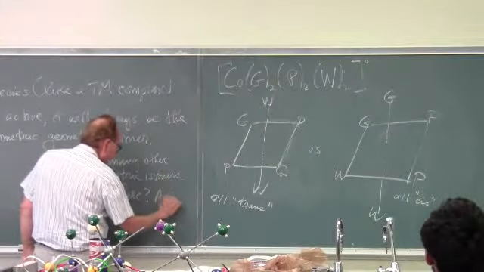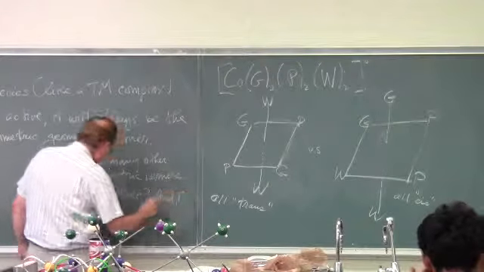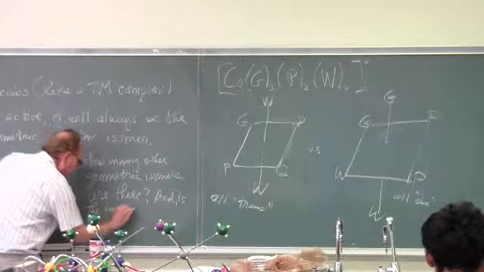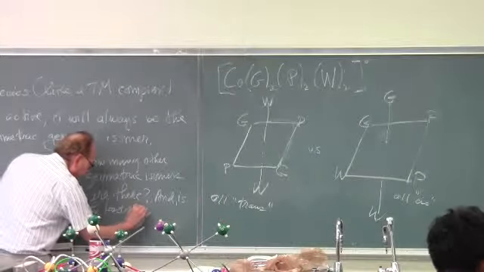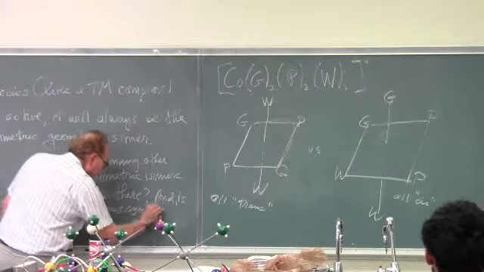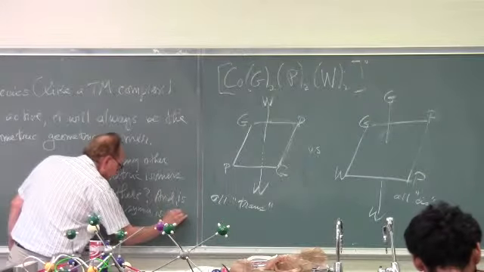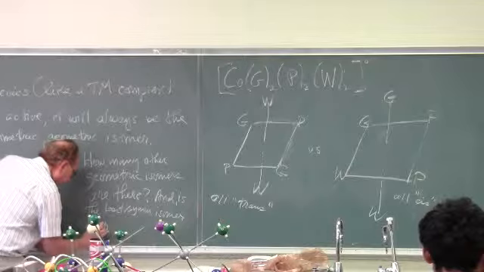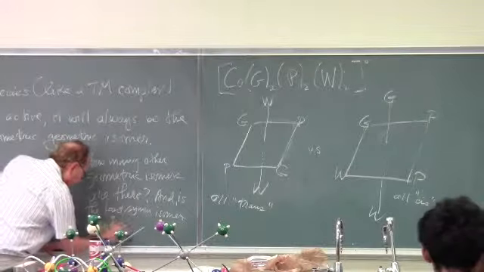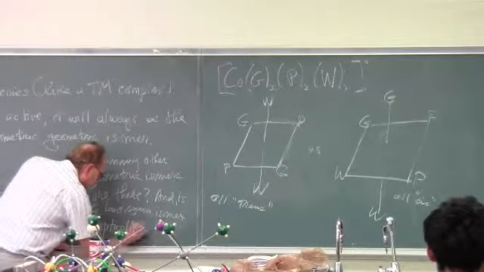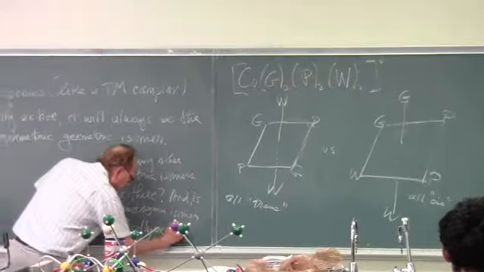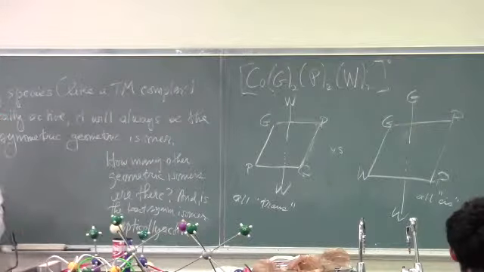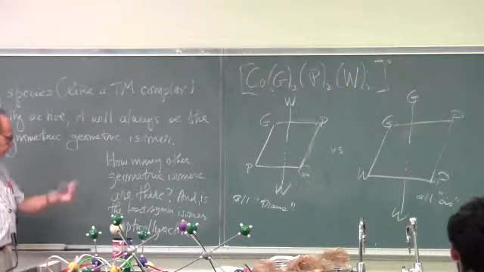And is the least symmetric isomer optically active? And we've already recognized the least symmetric isomer to be this all cis thing. First question. How many other geometric isomers?